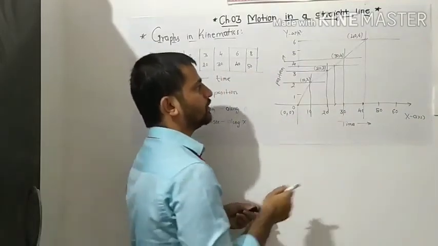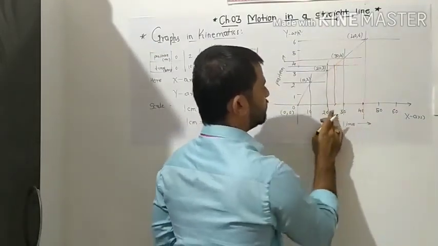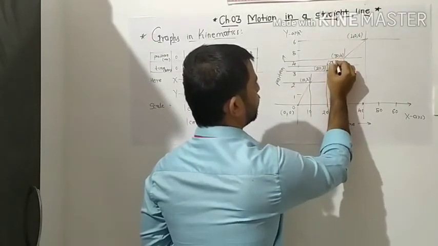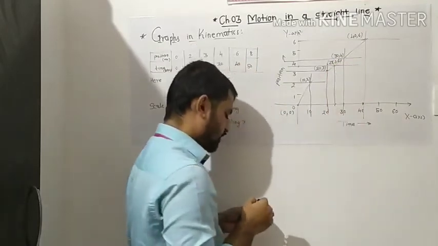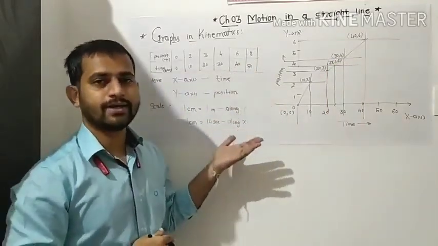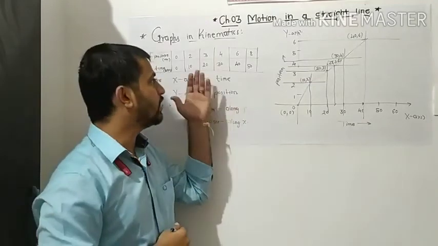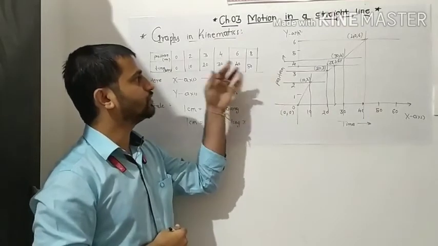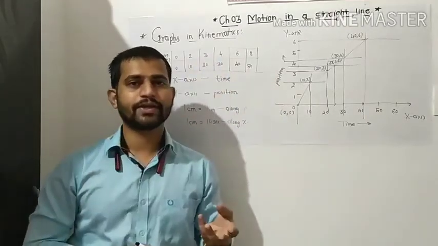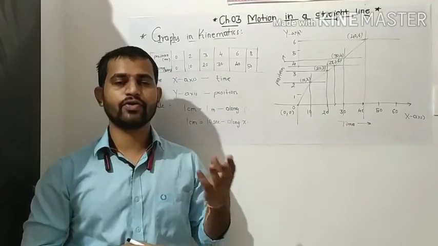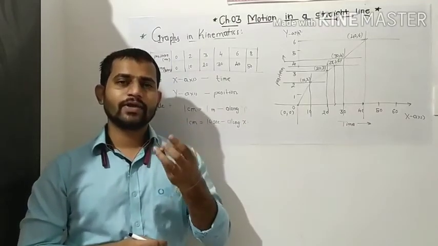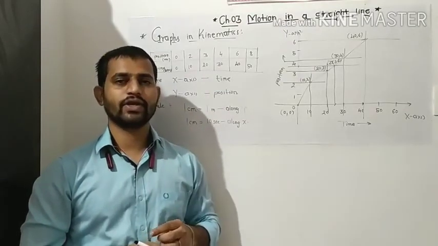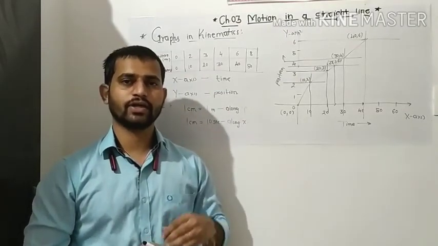So if we draw one perpendicular from here, it will give the time. So for the 3.5, suppose it is 25. Even if it is not given in the data, that for the position of 3.5 what is the time period, that information is not given here, then also we can calculate the respective information for that other quantity.